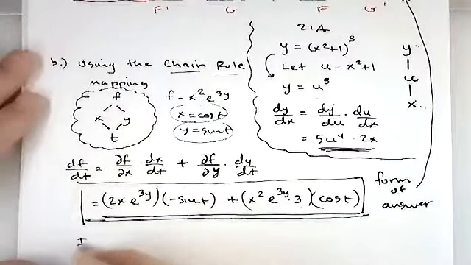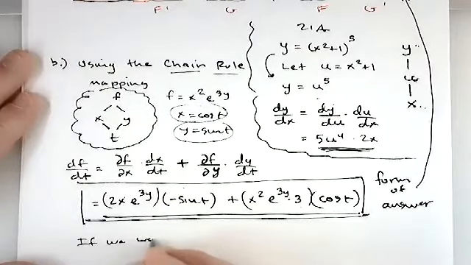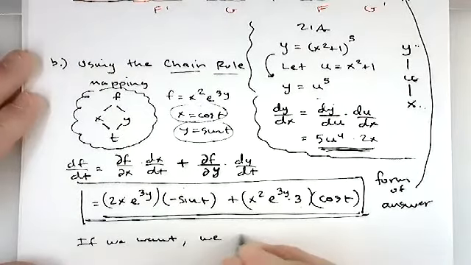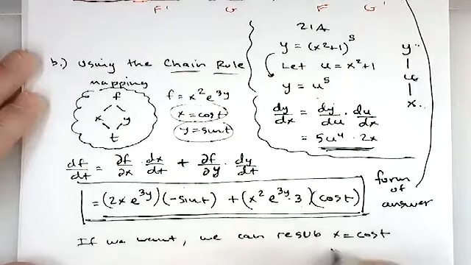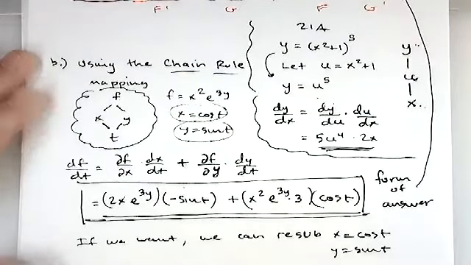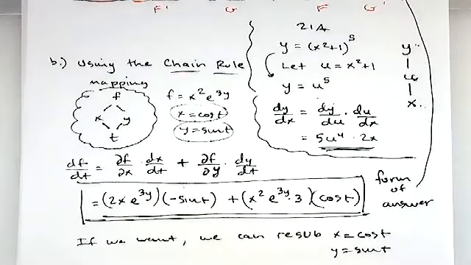And I'll just put, if we want, we can resub x equals cosine t, y equals sine t, and get that same answer. Okay. So this is showing us how to use the chain rule when you've got multiple variables.